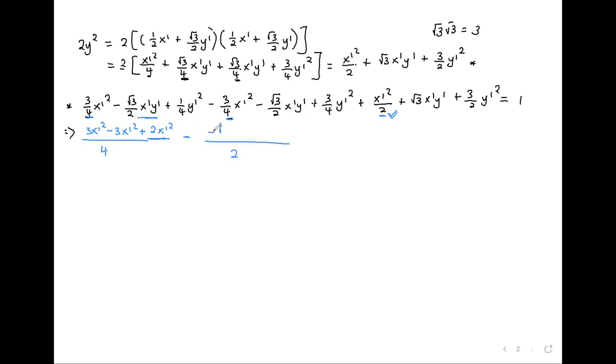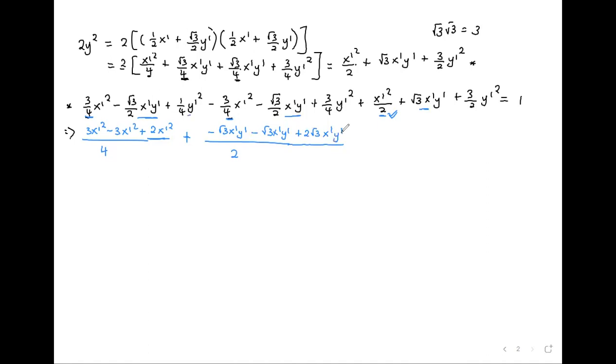We'll have minus root 3 x prime y prime, and the next one also minus root 3 x prime y prime, and this one here plus 2 root 3 x prime y prime.